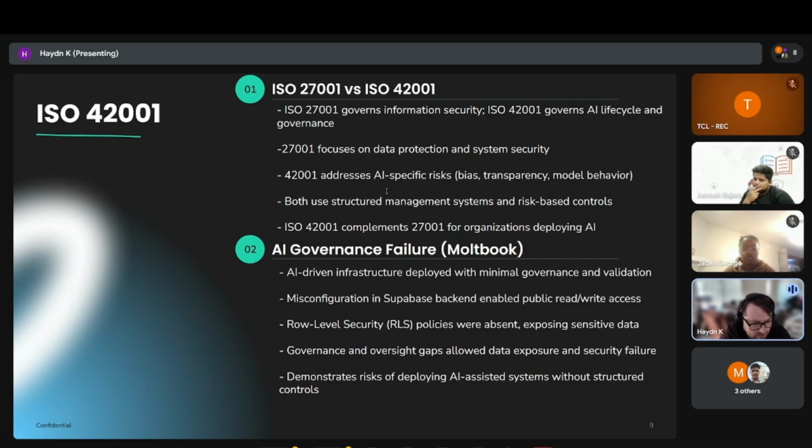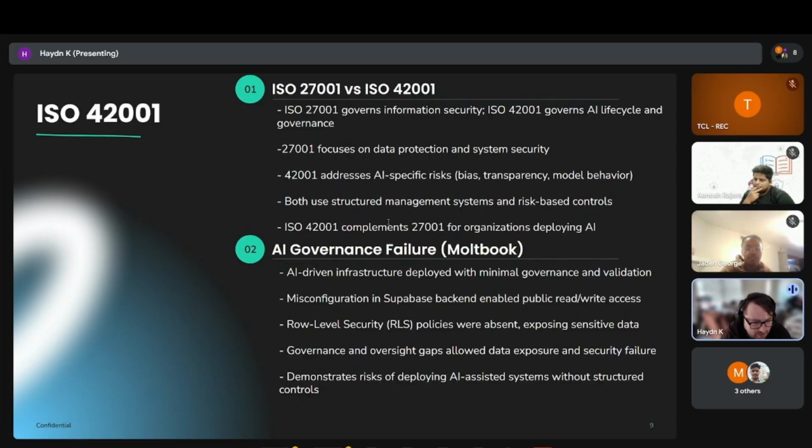A.3, internal organization. The goal is to establish clear roles and responsibilities for AI system management. And the failure here was that it was AI generated code without defined accountability, security review, or approval authority.